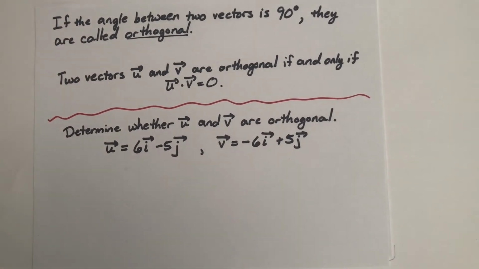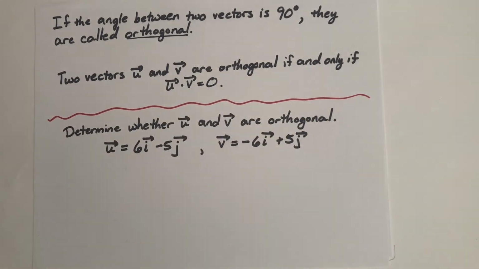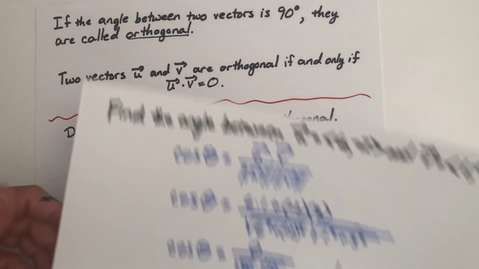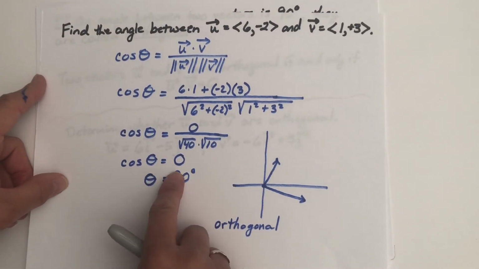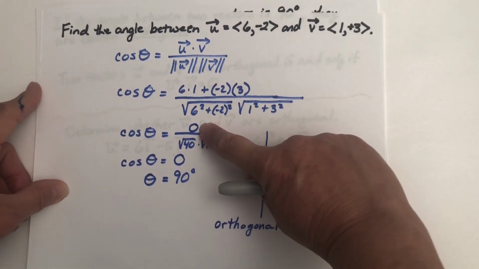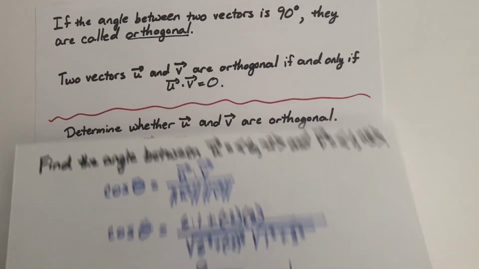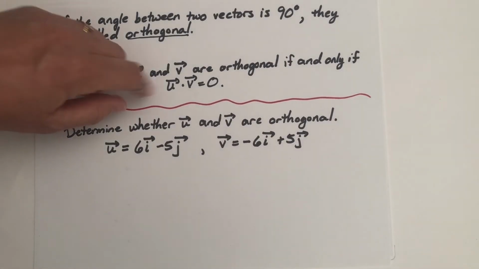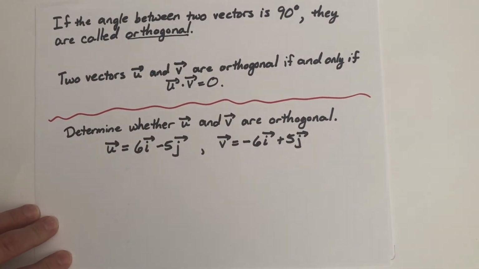And two vectors u and v are orthogonal if and only if the dot product is 0. Remember the cosine equaled 0? How did the cosine of theta equal 0? It's because the numerator is equal to 0, and the numerator is the dot product. So your vectors are orthogonal if and only if the dot product is 0.